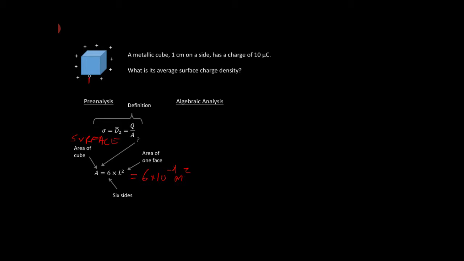If you know of other kinds of areas for cubes, well, tell me about them. All right. Next, we'd like to do our algebraic analysis. Well, basically, what we have to do here is divide both sides by A. Did I already do that? Oh, I already did that in this thing. Okay.